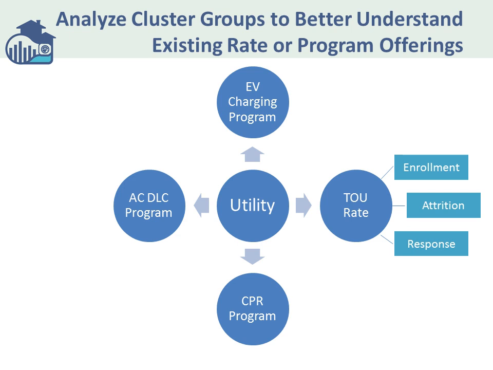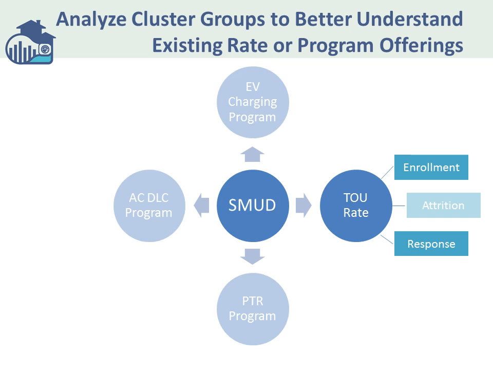And such an analysis would also help test some a priori expectations about the types of customers who join a rate or participate in a program offering, how long they might stick around, and how well or poorly they perform. Many of these assumptions have never been meaningfully tested. So to us, as researchers, this creates a great opportunity to validate or refute some of that popular wisdom.